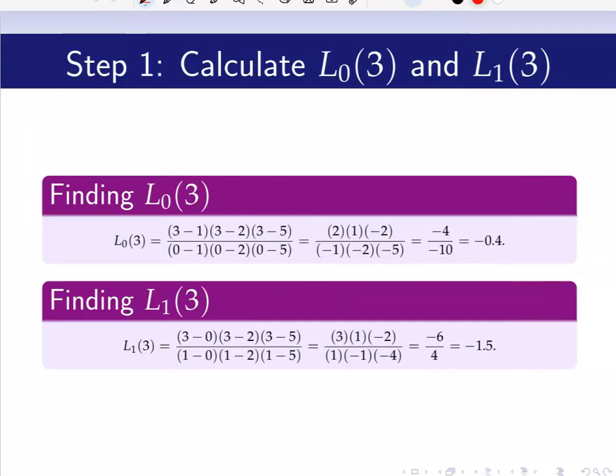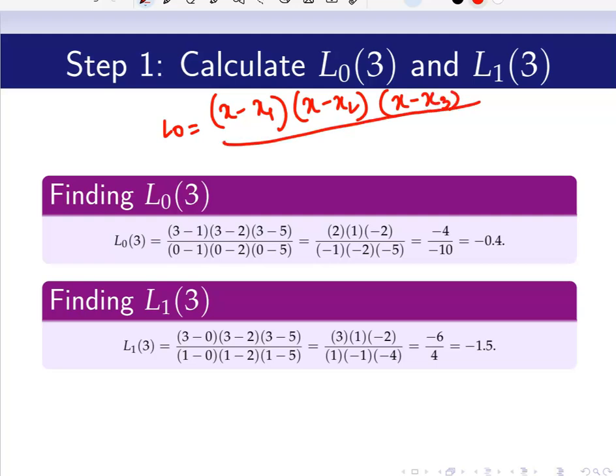Now first calculate L0 at x is equal to 3 and L1 at x is equal to 3. So here L0 is nothing but (x minus x1), (x minus x2), and then (x minus x3), divided by (x0 minus x1), (x0 minus x2), and (x0 minus x3).